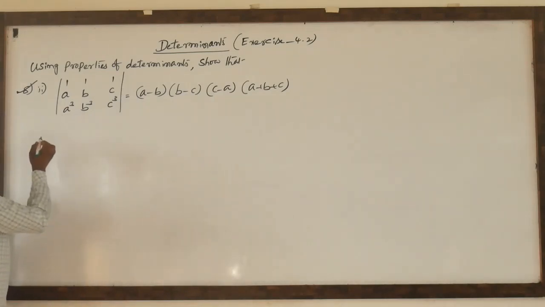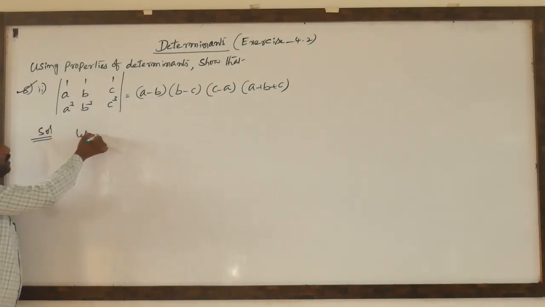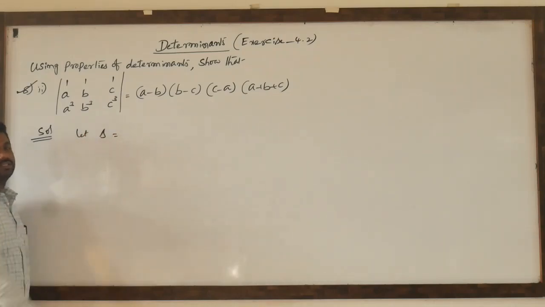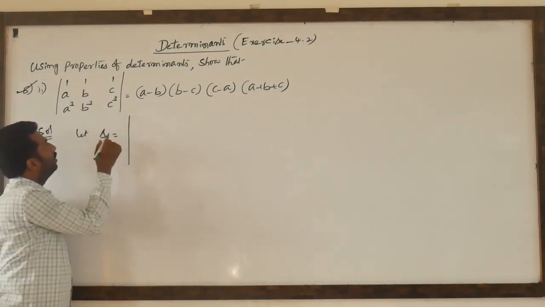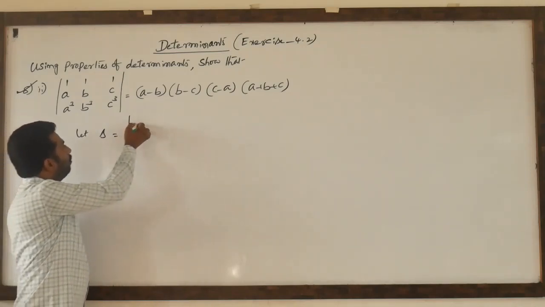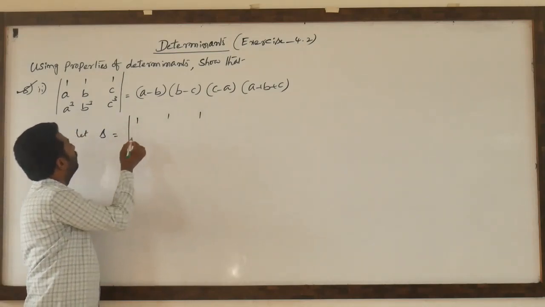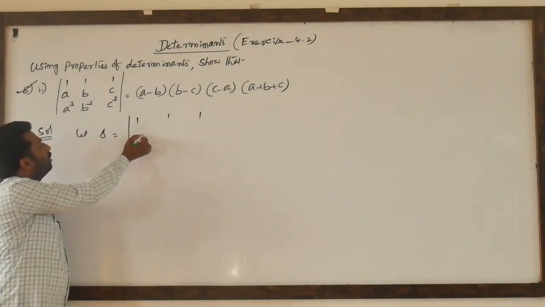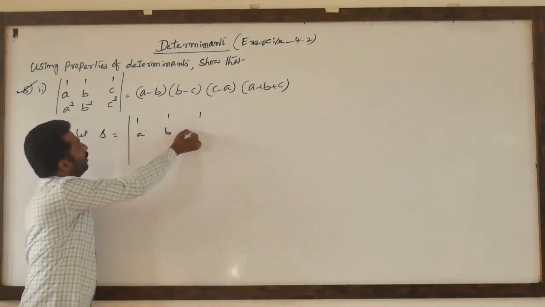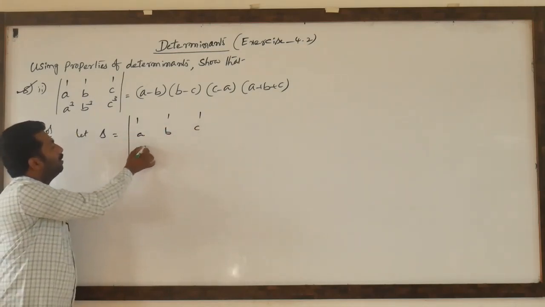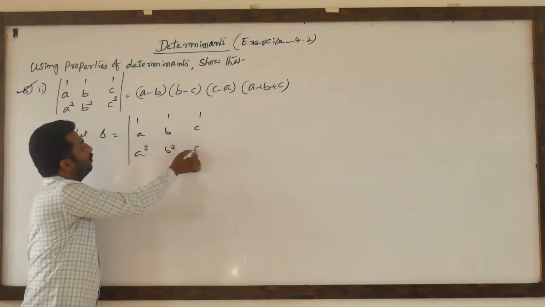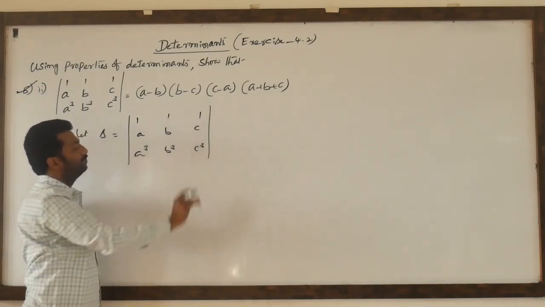So just observe, I am taking the LHS part as delta, or you can take LHS also, no problem. The determinant of 1 a b c a cube b cube c cube.